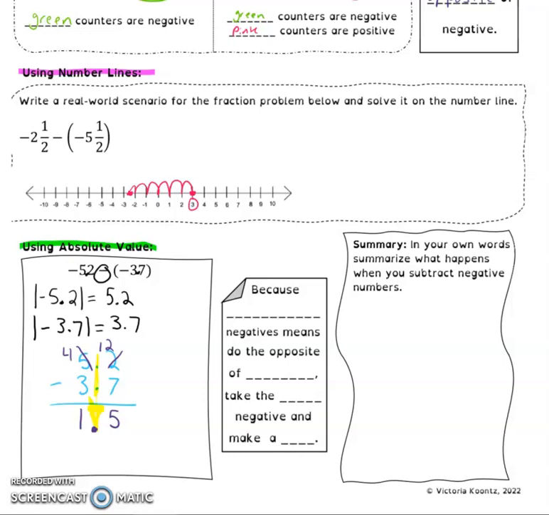And then we need to ask ourselves, which is bigger, 3.7 or 5.2? 5.2 is bigger. So inside of that absolute value, 5.2 is negative. So our answer is going to be negative.